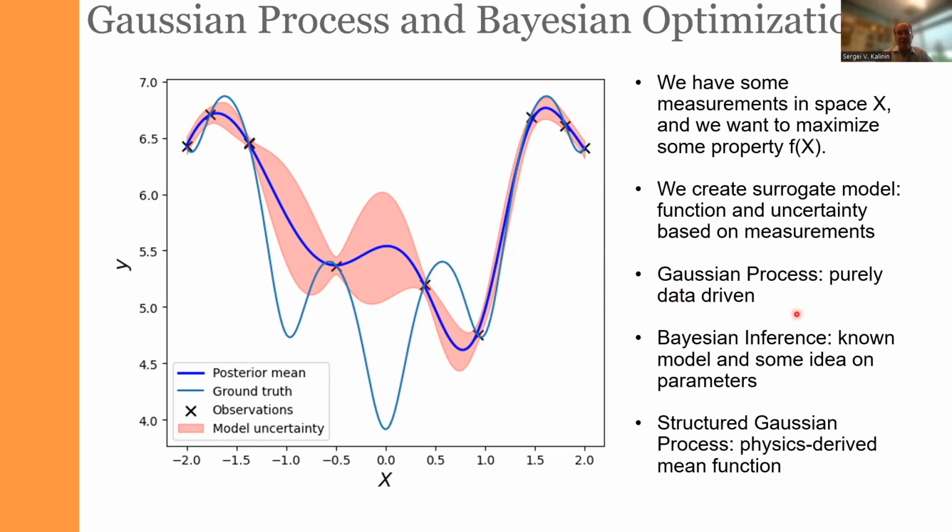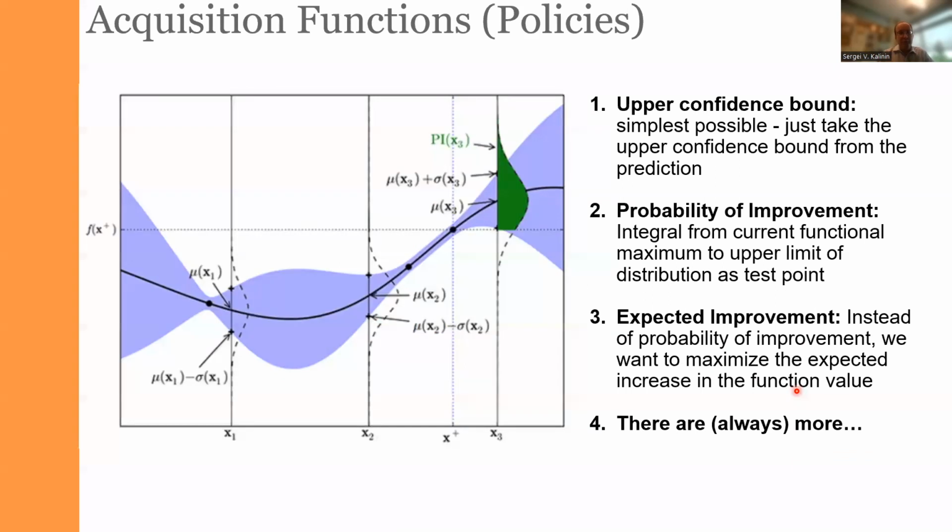We try to reconstruct the function based on the data only, and hidden behind the scenes are also the priors on the kernel and noise. They are, in fact, exceptionally important. Bayesian inference, comparatively, is when we know the functional form of our function and have some ideas of the parameters. A structured Gaussian process is when we put these things together, and basically our mean function in the Gaussian process is essentially the probabilistic model. So we went through that.